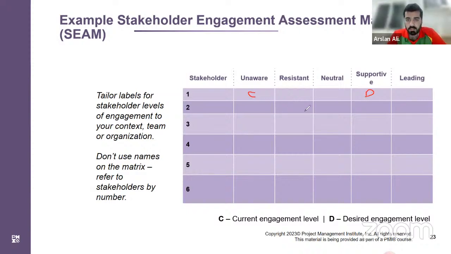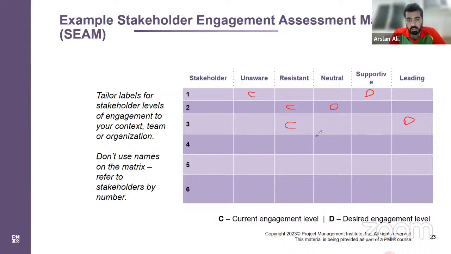Then I may find stakeholder two who is currently resistant and I want to neutralize him. Or maybe a stakeholder is currently resistant and I want him all the way leading, a big task.